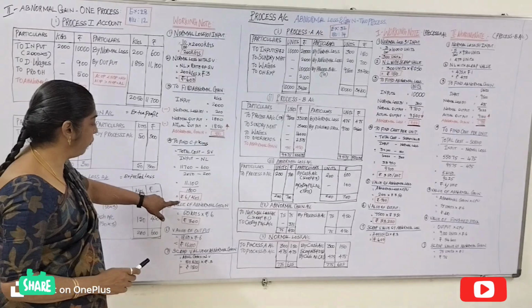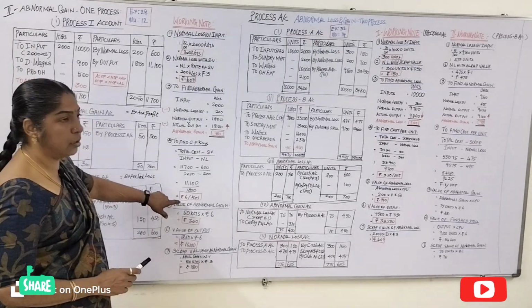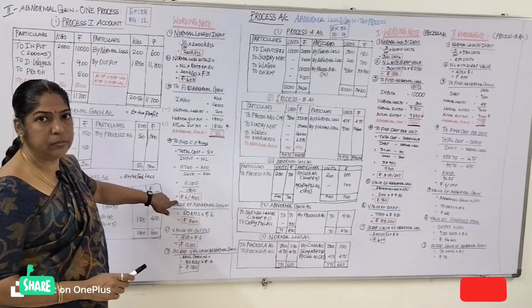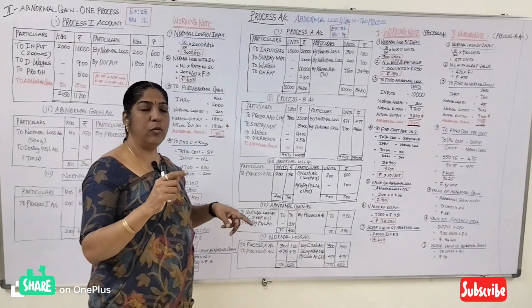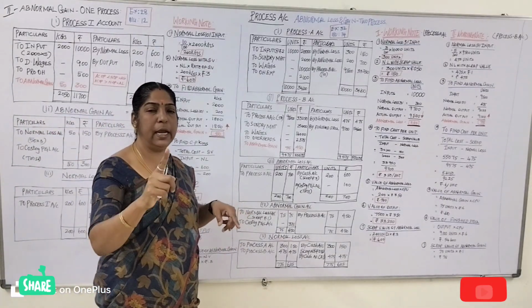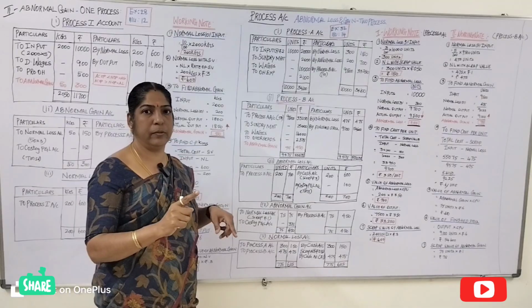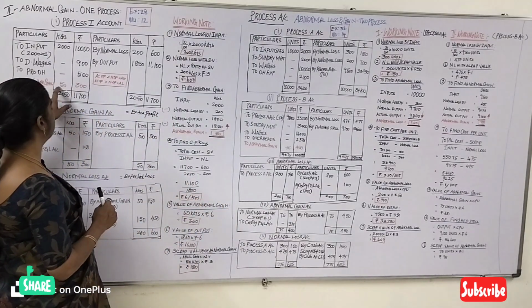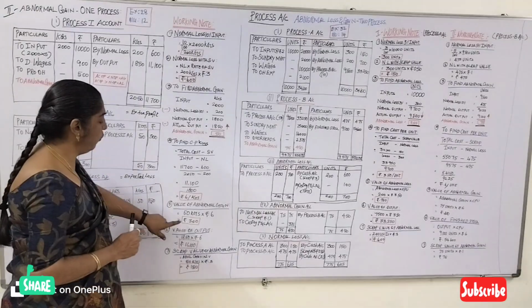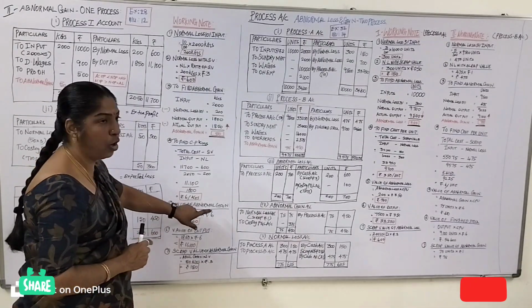Now we have found the cost per kg. How much is it? 6 rupees. So the cost per kg is 6 rupees for 1 kg. We multiply that 6 rupees by the 50 kgs and you get the value of abnormal gain.